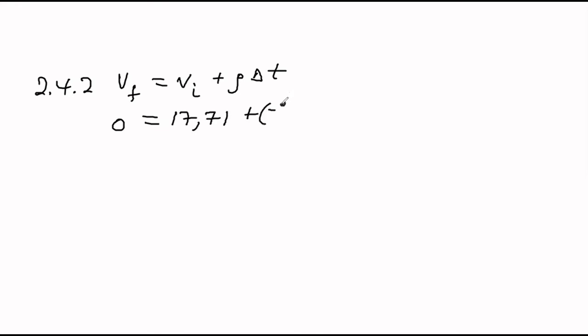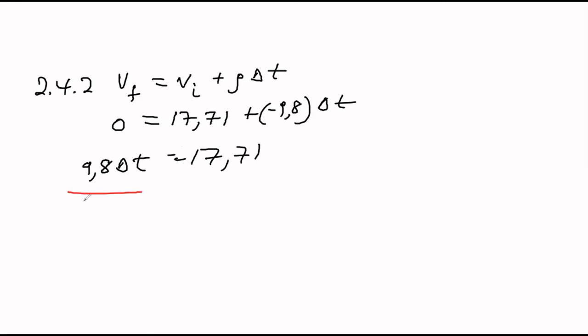Plus downward is negative, so it's 9,8 delta T. So let's take the negative term with T to the left, it becomes positive 9,8 delta T equal to 17,71. Then you can divide both sides by 9,8.